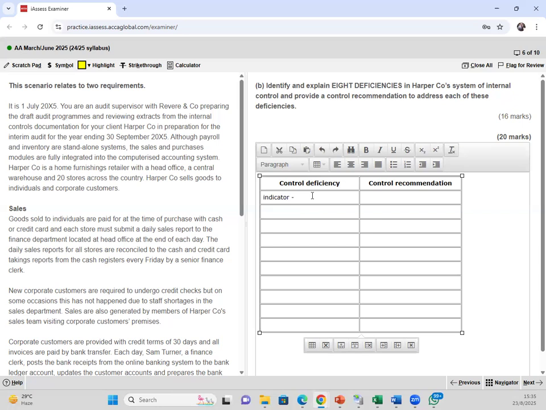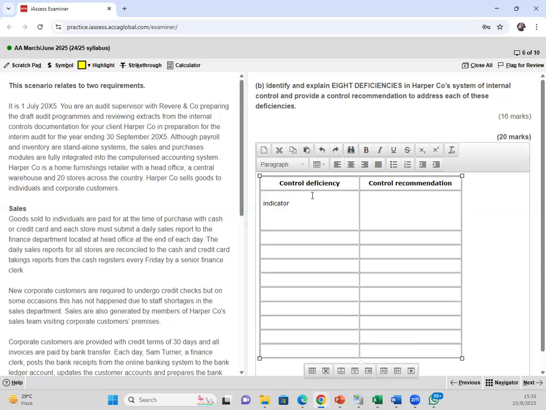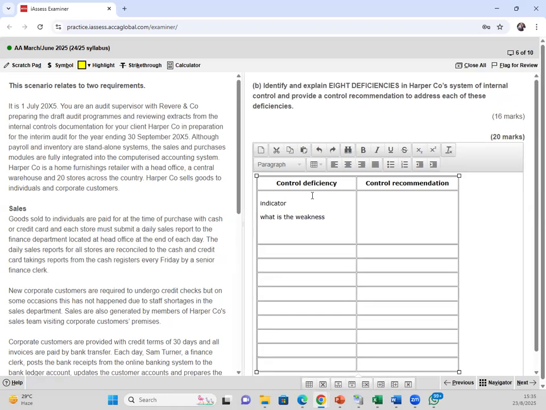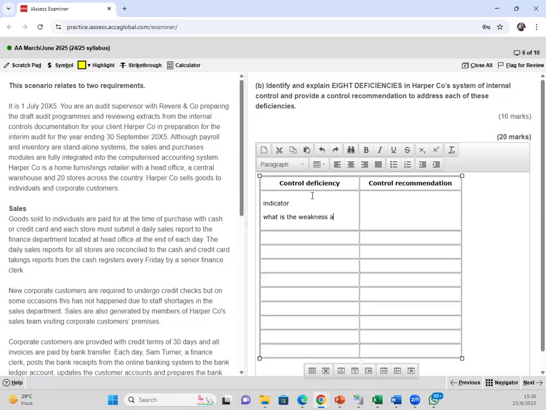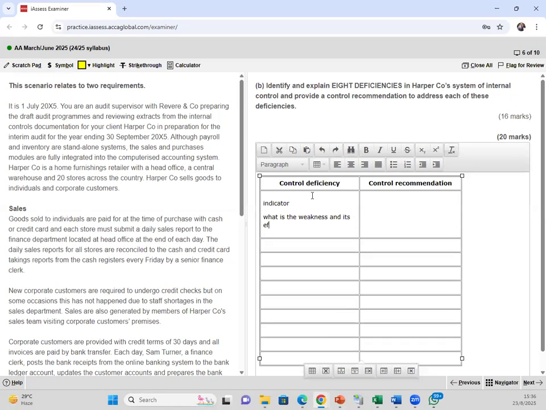From the indicator, you need to tell us what the weakness in the system is and what the effects can be. What is the weakness and its effects in the financial statements?